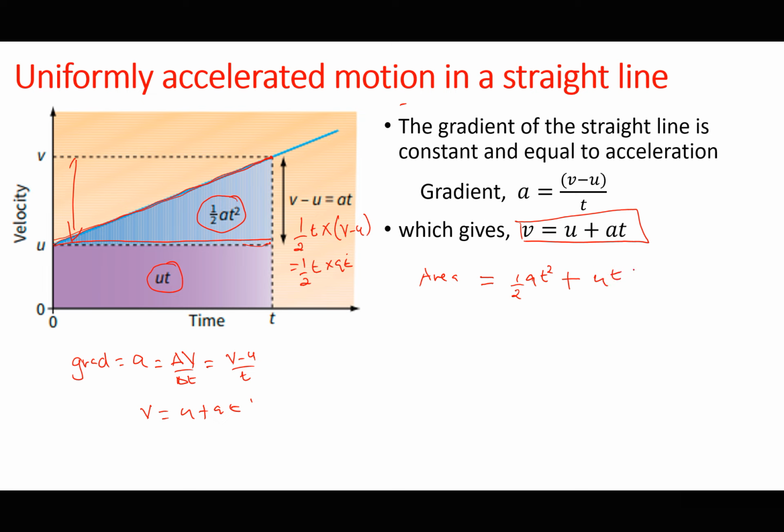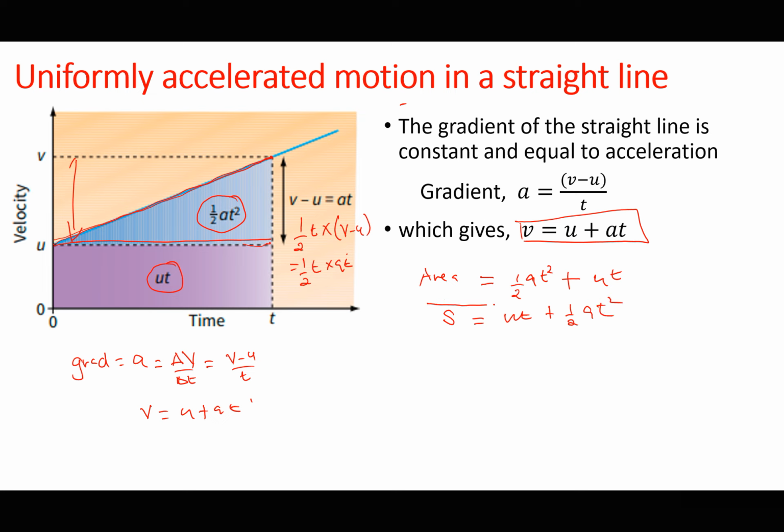But remember, the area under the graph of a velocity time graph was the displacement. So s, which is the displacement, would be ut plus a half at squared.